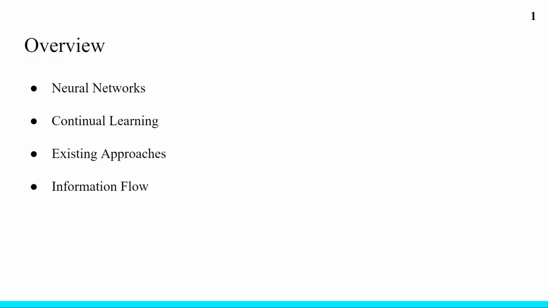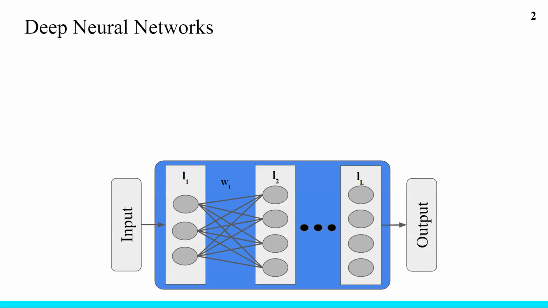I'll then cover the measure of information flow, which is a tool that serves as the backbone for my work in this presentation, and leave you with some results of experiments implementing information flow for continual learning and some of the conclusions and takeaways from that.